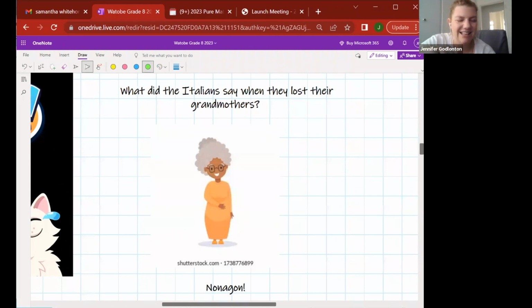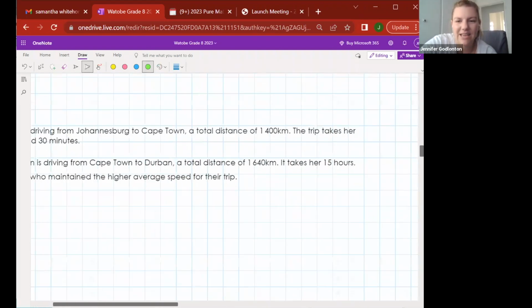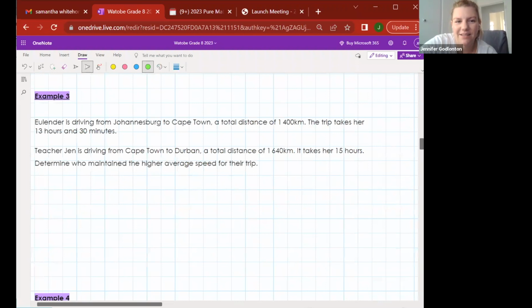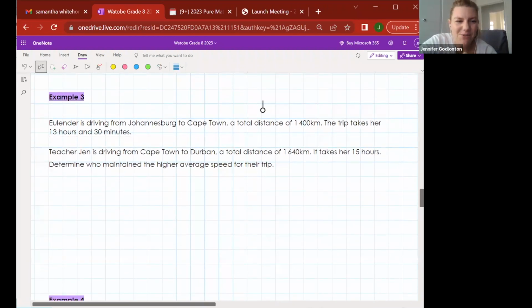Okay, let's keep on moving. So let's move on to example 3. All right, Yolanda is driving from Johannesburg to Cape Town, a total distance of 1,400 kilometers.